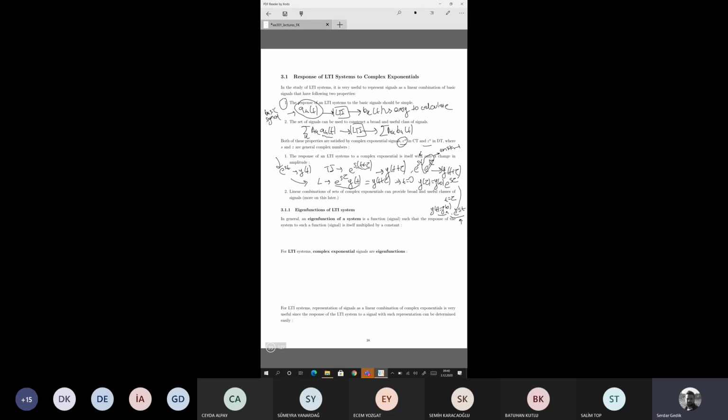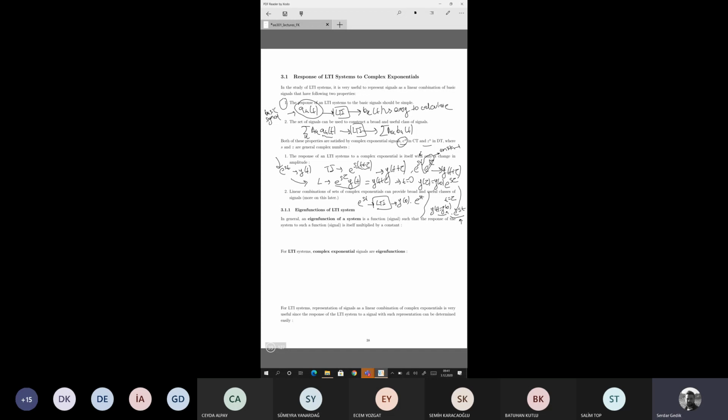This is one of the main motivations that we will use e to the power st to represent continuous time signals. Let me emphasize once more, if I have an LTI system here, the output is simply y0 times e to the power st.